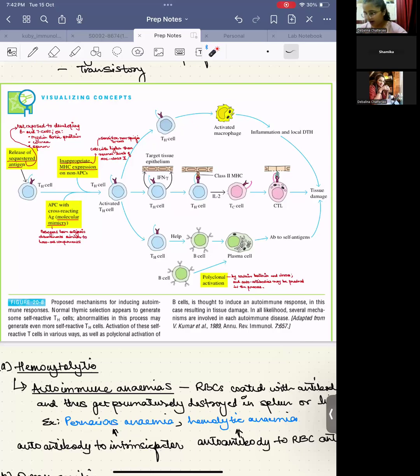Okay, so I hope you understand now. Because of this physical breach, because of some sort of traumatic injury or something like that, if the blood cells now encounter your nerve cells, say, which are myelinated, it is going to recognize this myelin as a foreign component and produce antibodies against it.